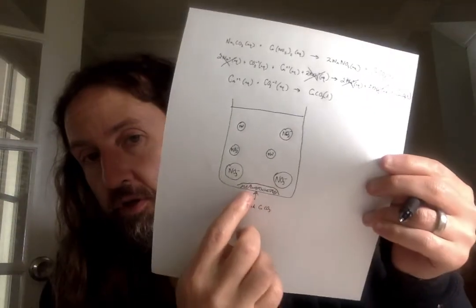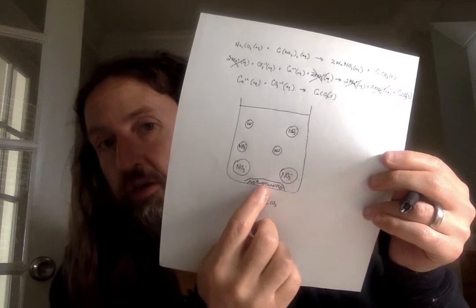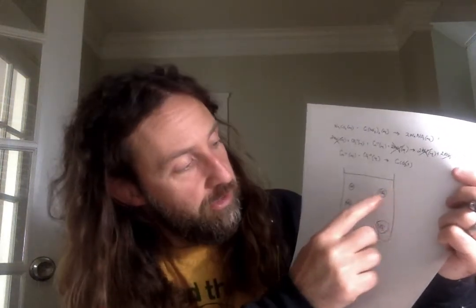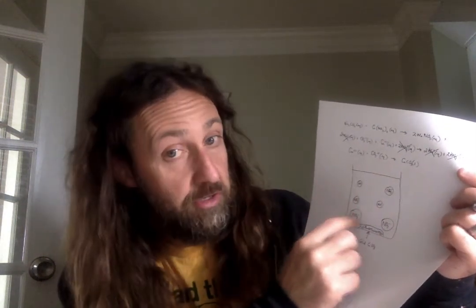All of the calcium was used up to make the precipitate down at the bottom, but then you wait till the reaction stops and you add just a little bit more. So you have 1, 2, 3, 4 nitrates and 2 sodiums, with that sodium and that nitrate going together, and that sodium and that nitrate going together.